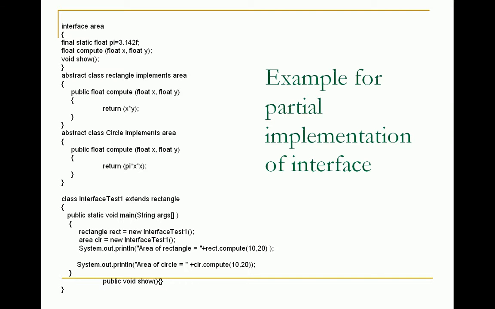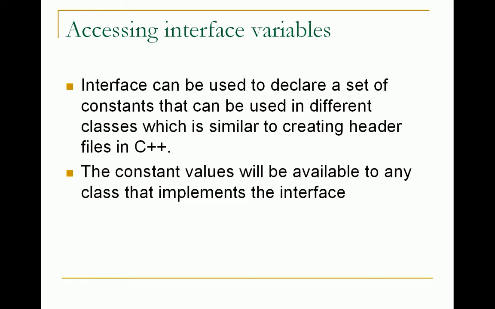Hence we assign the interface test1 class object to the rectangle class reference, and through this we access the compute method. But class circle is not extended by the interface test1 class, so we assign the interface test1 class object to the reference variable of the interface, and through this we access the compute method. So by this we have seen the partial implementation of the interface.